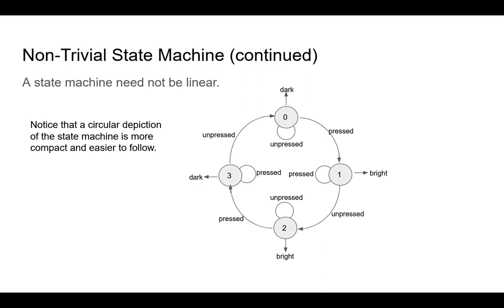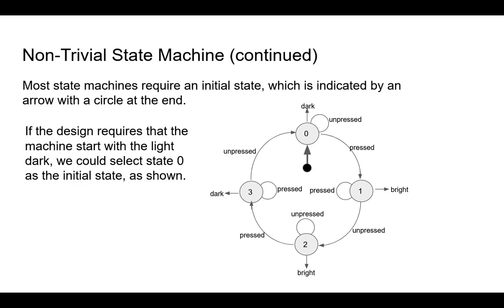Okay, and a circle depiction is really good for a periodic state machine. It's going around in a circle. And guess what? That's kind of what these machines do. Most of the machines go around in a circle of some sort. So convince yourself that what I've shown here is the same state machine with exactly the same behavior as the system that I showed you in the previous slide, the linear one.